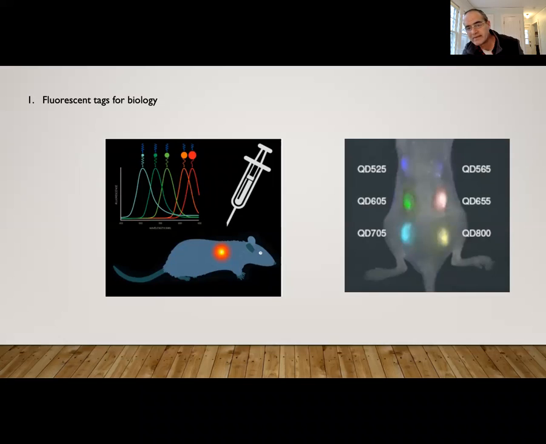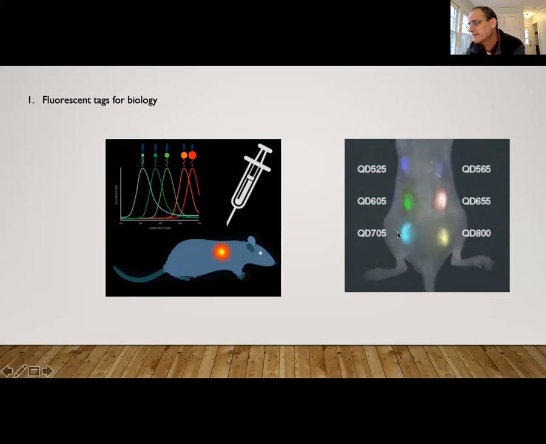They're more robust, and you have more control over things like the color at which they fluoresce. So you can imagine injecting a solution with quantum dots, and the quantum dots perhaps have some tags on them that allow them to bind to different sites inside of your host, okay? Like this poor mouse here. I think one application is to get them to bind to tumor sites, for example, okay?